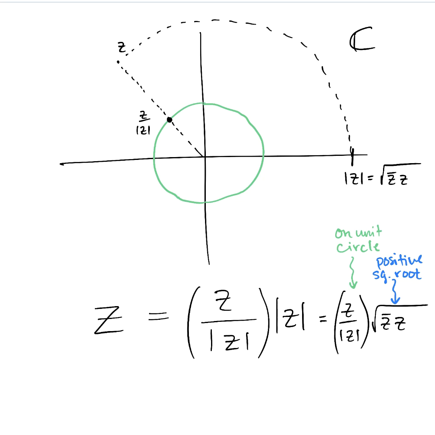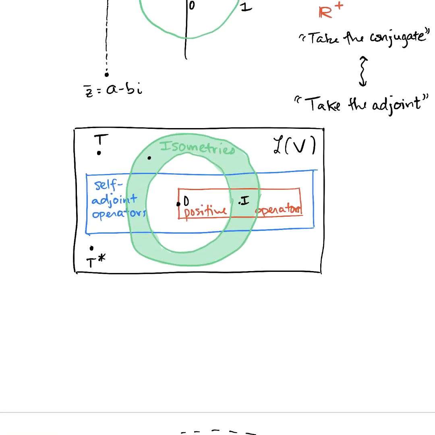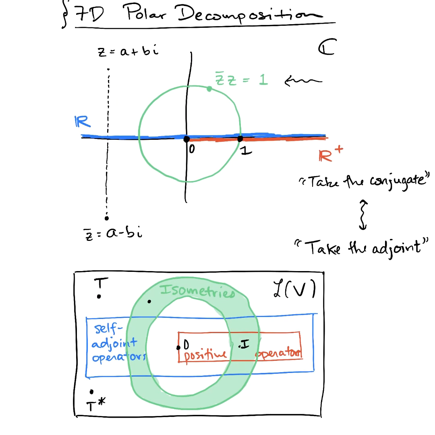Can we turn this into something operator theoretic? Remember your analogy. In C, taking the conjugate is analogous in L of V to taking the adjoint.